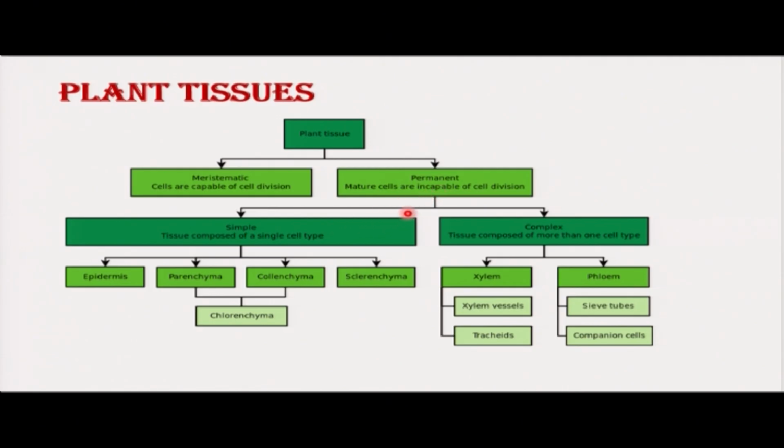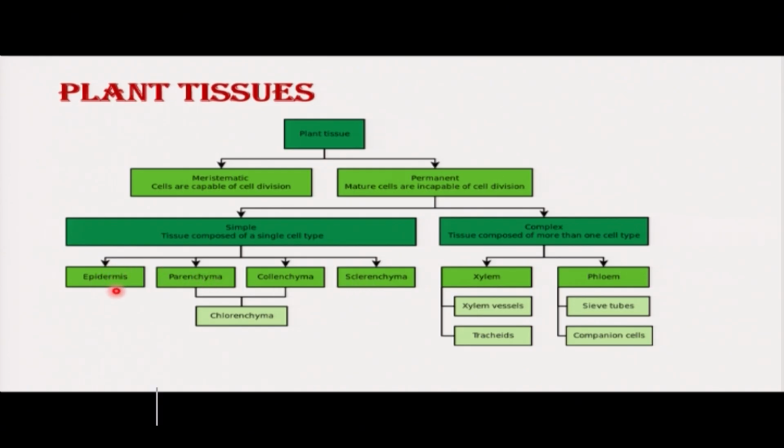Then from permanent plant tissues, we have other 2 types. We have what we call simple tissues, which are composed of a single cell type. They are made up of one type or same type of cells. Then these we have epidermis, parenchyma, collenchyma, and sclerenchyma.